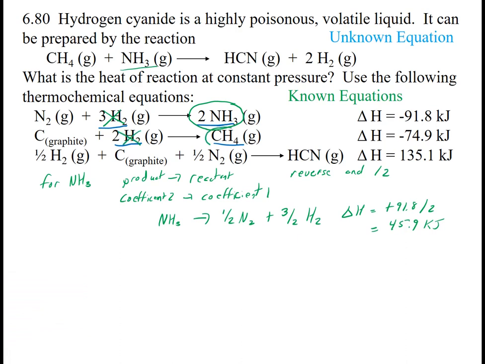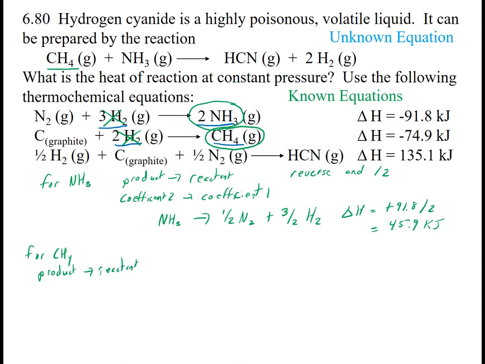That only leaves me the methane. For methane, it's a reactant here and it's a product here. So I need to reverse. I need to go from product to reactant.